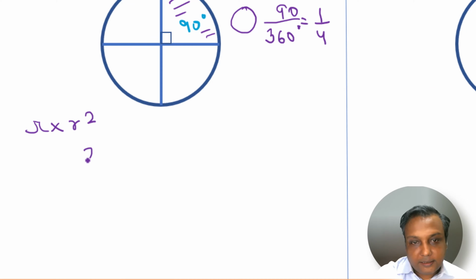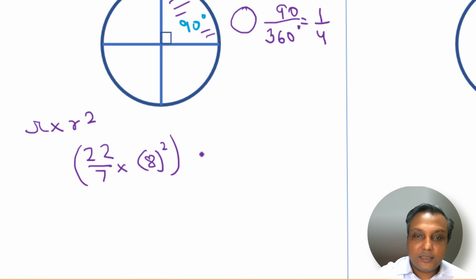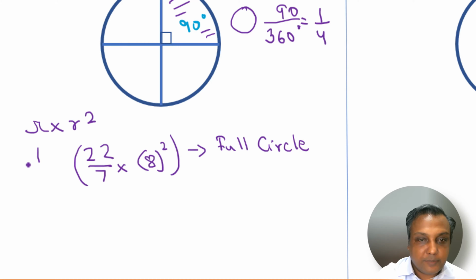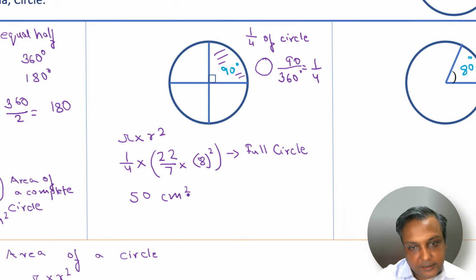The value of pi is 22 by 7 into the value of radius, which we are assuming to be 8 centimeter. Now this is also the area of a full circle. To get the value of a quarter, we will just multiply it by 1/4, and in this case our answer is about 50 centimeter square.